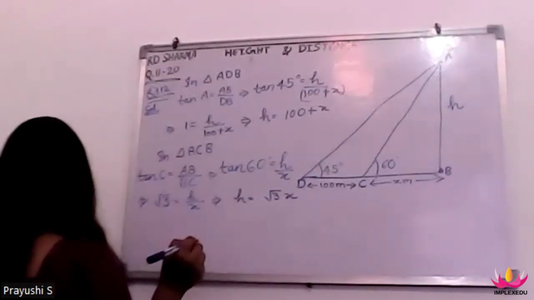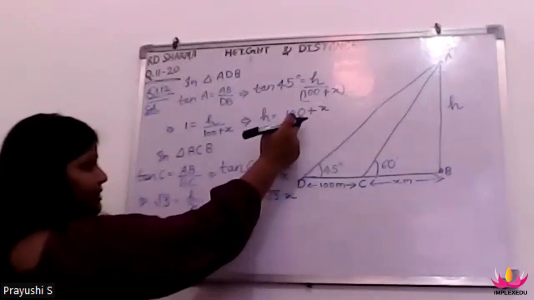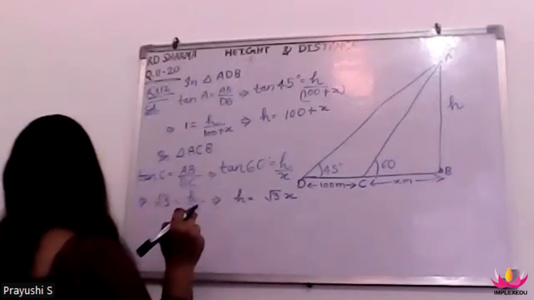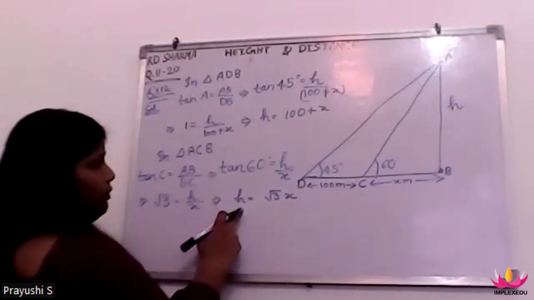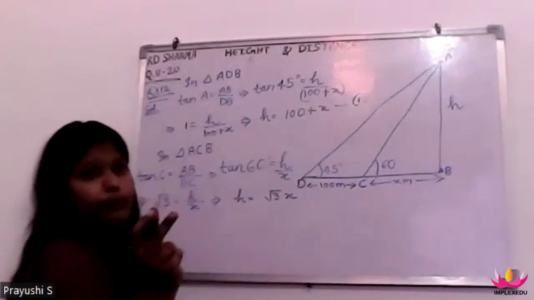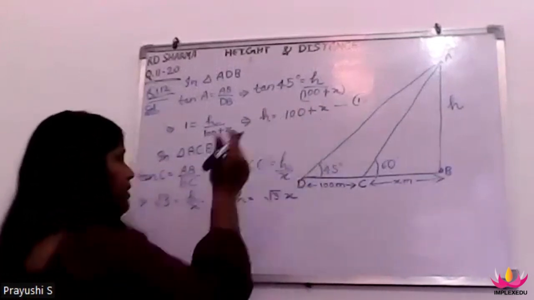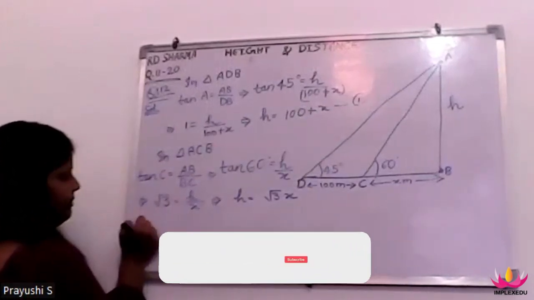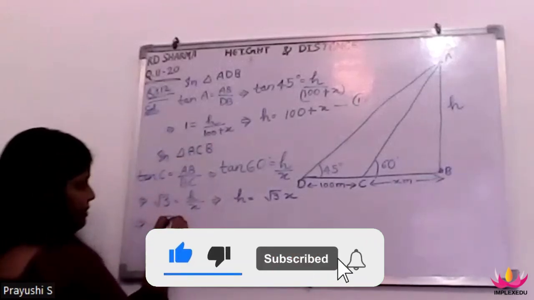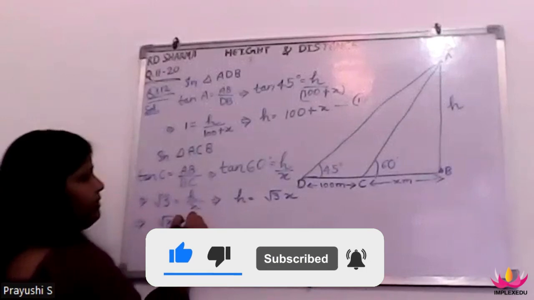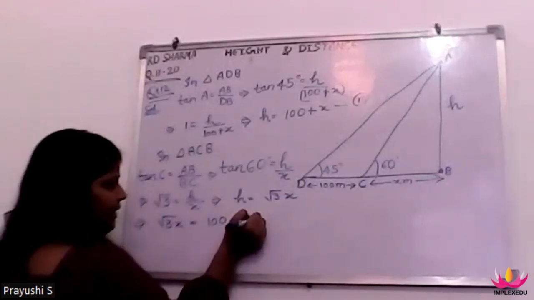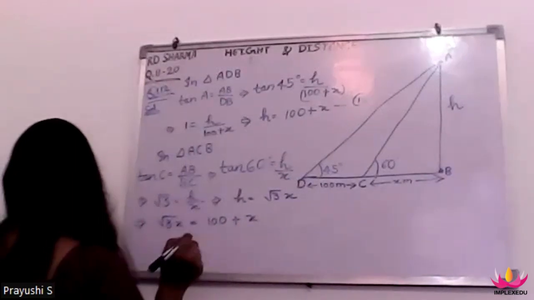Now we know that h is equal to 100 plus x. So what we will do is we will put the value of h in equation 1. So we will get that root 3x is equal to 100 plus x. Okay, 100 plus x.